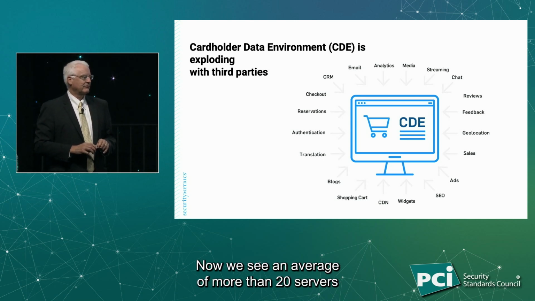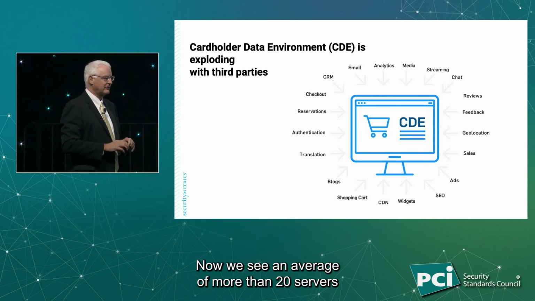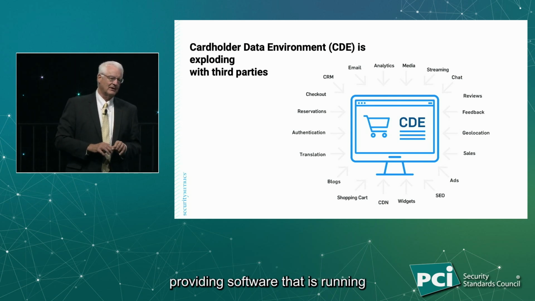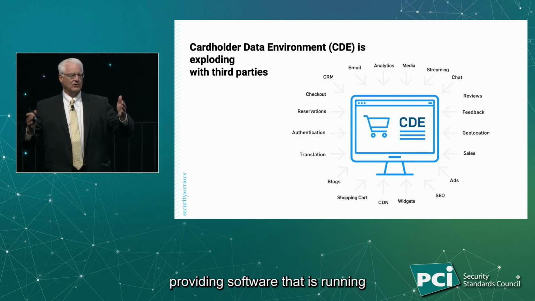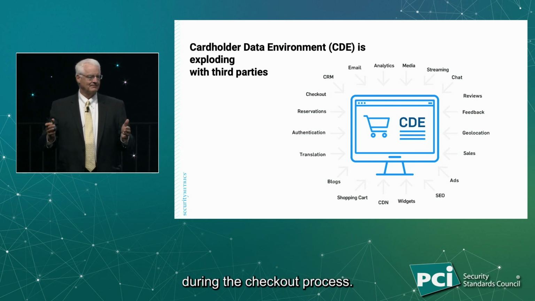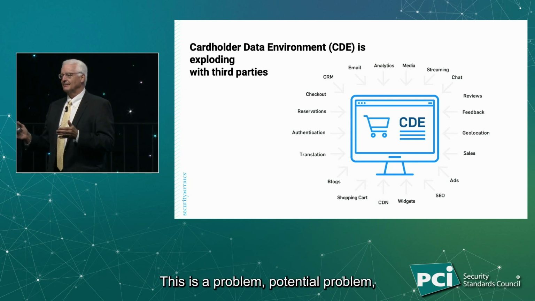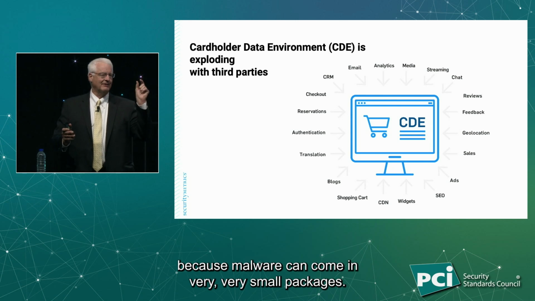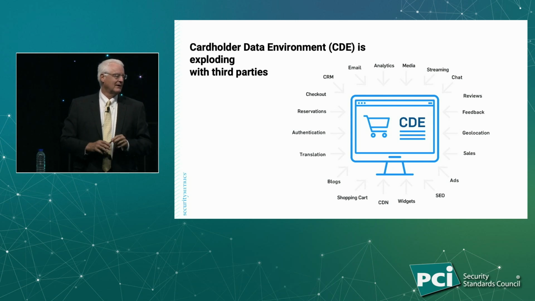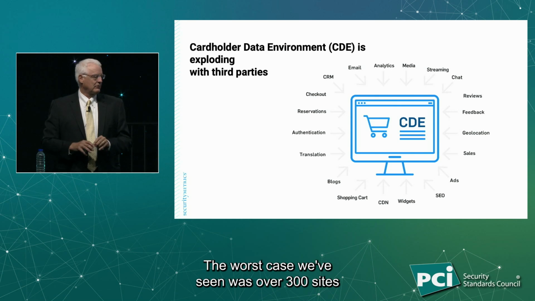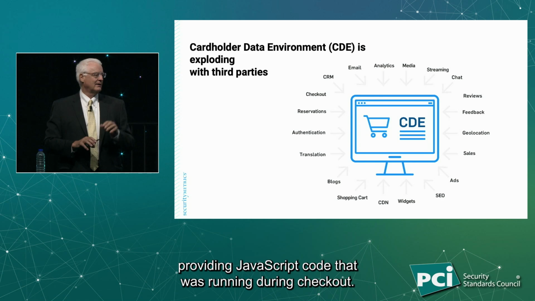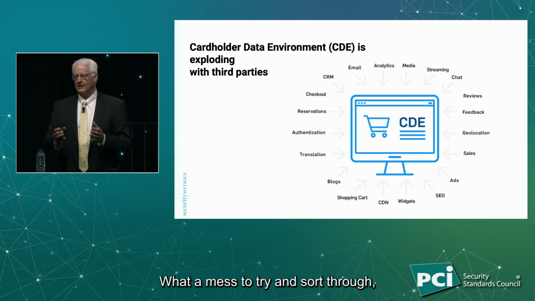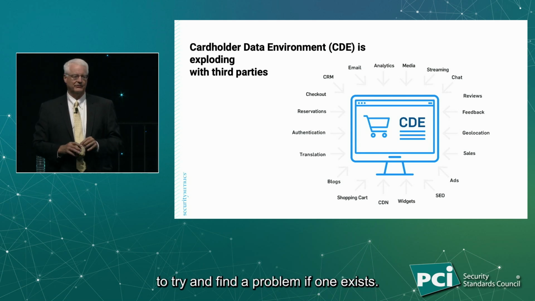Now we see an average of more than 20 servers providing software that is running during the checkout process. This is a potential problem, because malware can come in very, very small packages. The worst case we've seen was over 300 sites providing JavaScript code that was running during checkout. What a mess to try and sort through to try and find a problem if one exists.